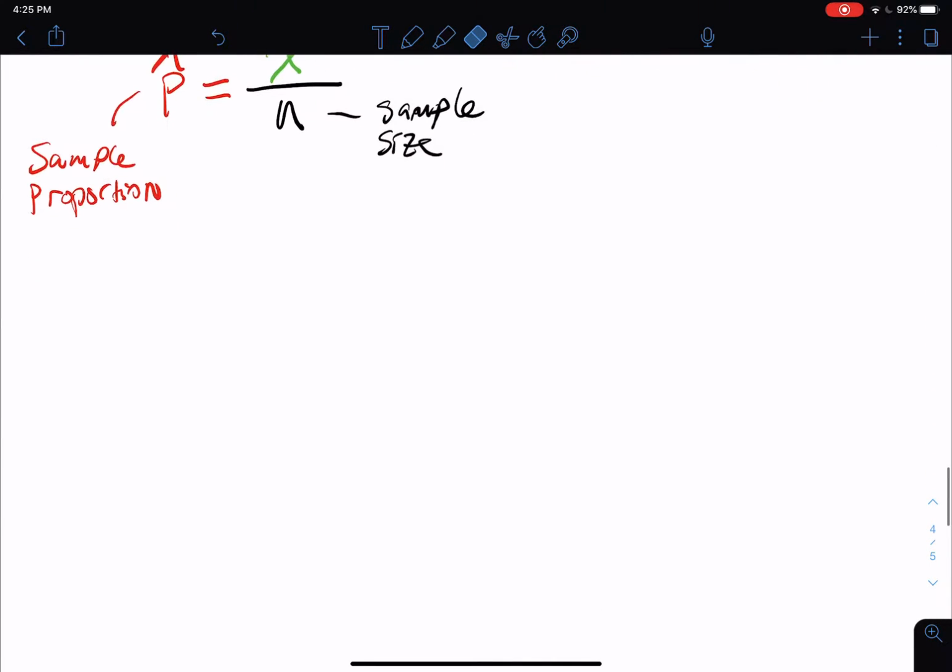Similar to 7.3, remember in 7.3 there were these X bars, the sample means from the samples that we did.